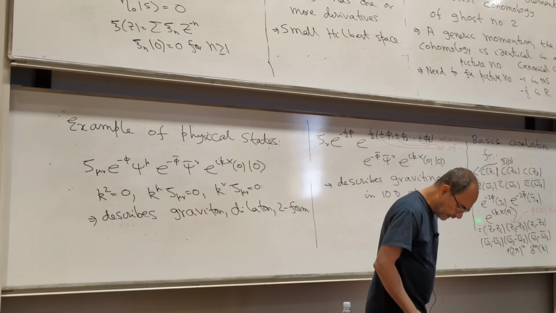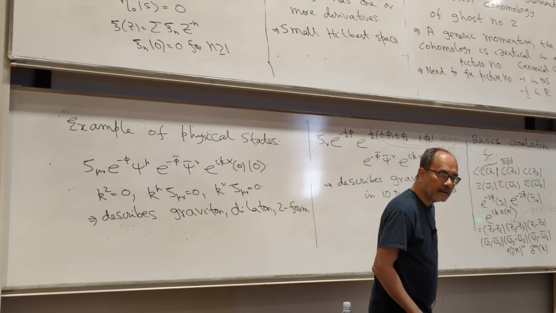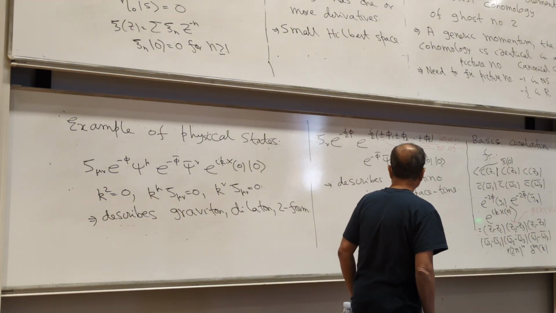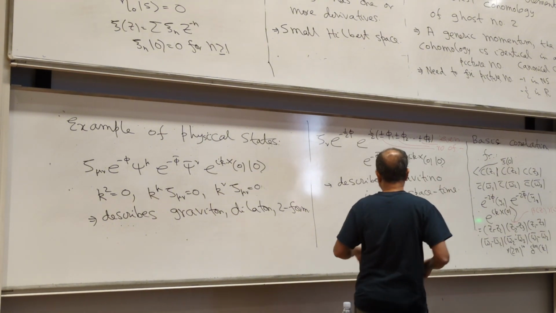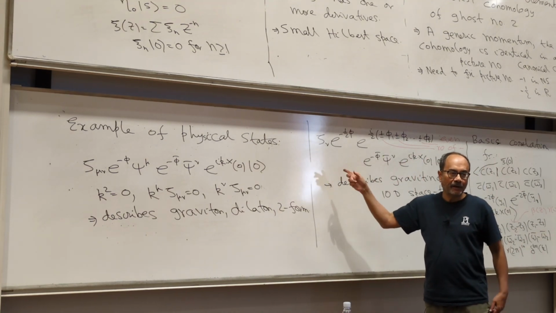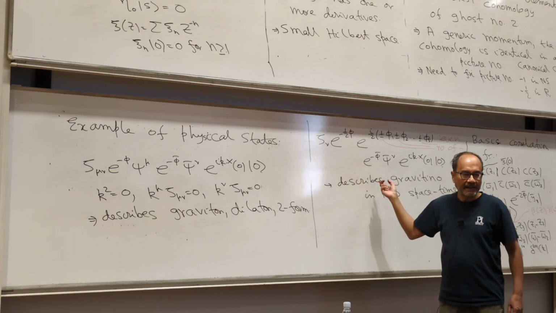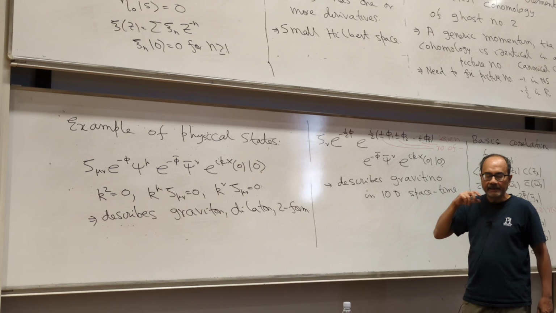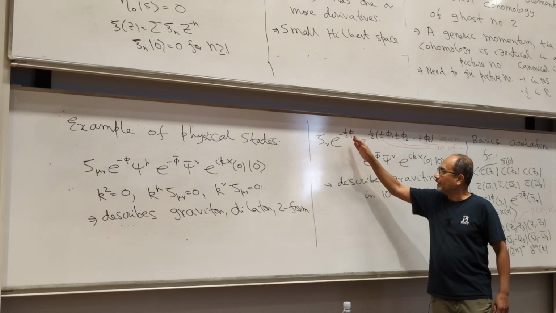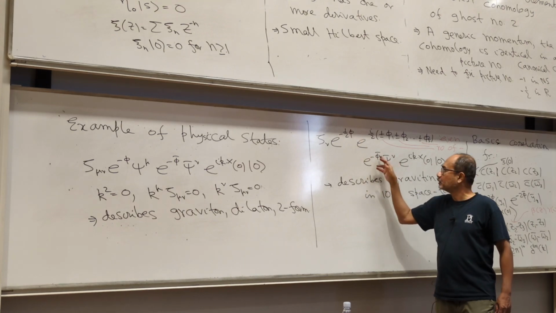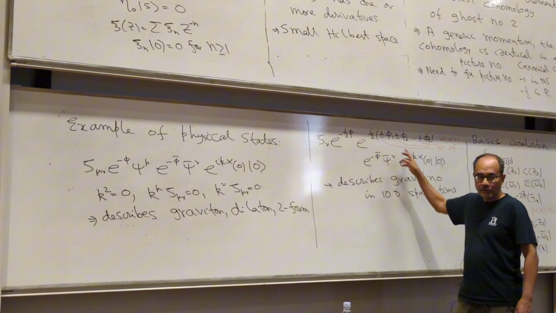Okay, so maybe I'll stop here. This is because it's RNS, right? The gravitino is coming from the Ramond sector on the left and the NS sector on the right. That's why here it's e to the minus half phi. You can also do NSR, where this will be e to the minus phi and this will be e to the minus half phi bar, and the spinors will come from that side.